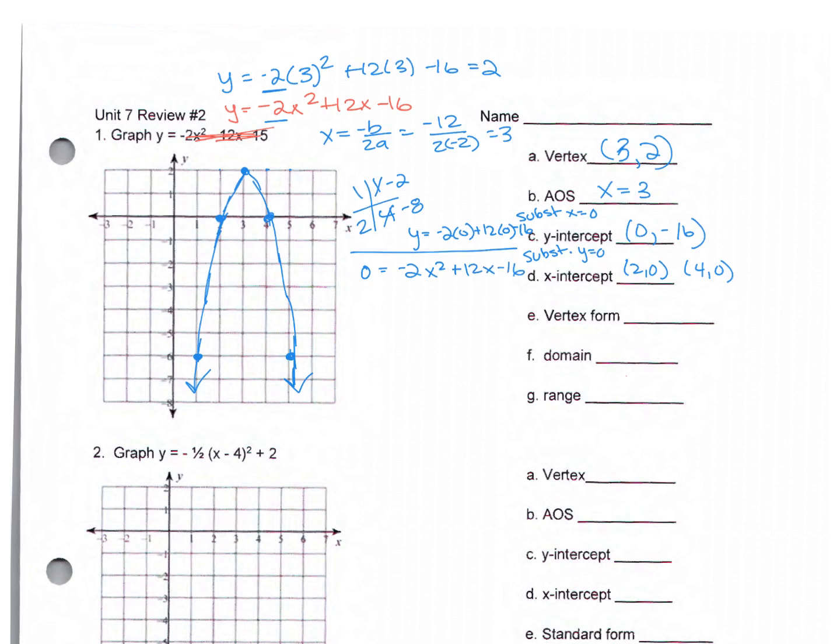First of all, you could do a is negative 2, b is 12, and c is negative 16, and you could throw that all in the quadratic formula. This also factors. If you took out a GCF of negative 2, you would get x squared minus 6x plus, negative 16 divided by negative 2 would be plus 8.